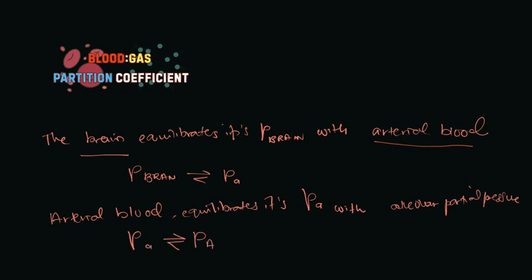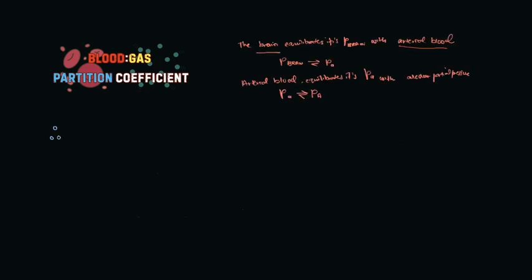Similarly, it can be written as such: arterial partial pressure equilibrates with alveolar partial pressure. So, since the brain partial pressure equilibrates with the arterial partial pressure, which equilibrates with the alveolar partial pressure, therefore the partial pressure of the alveolus closely resembles the partial pressure in the brain.